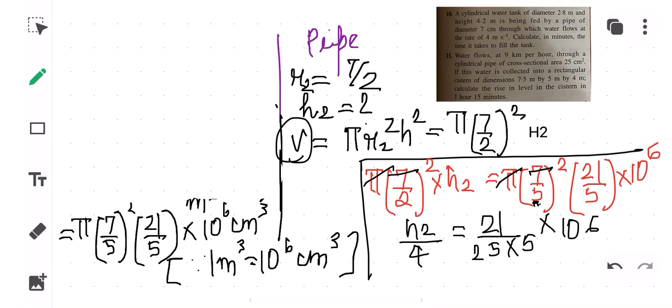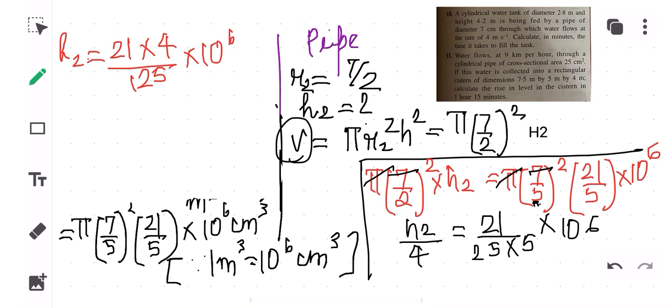So what I will be writing now is h2 is equal to 21 into 4 divided by 125 into 10 raised to 6. 21 into 4 is how much, children?